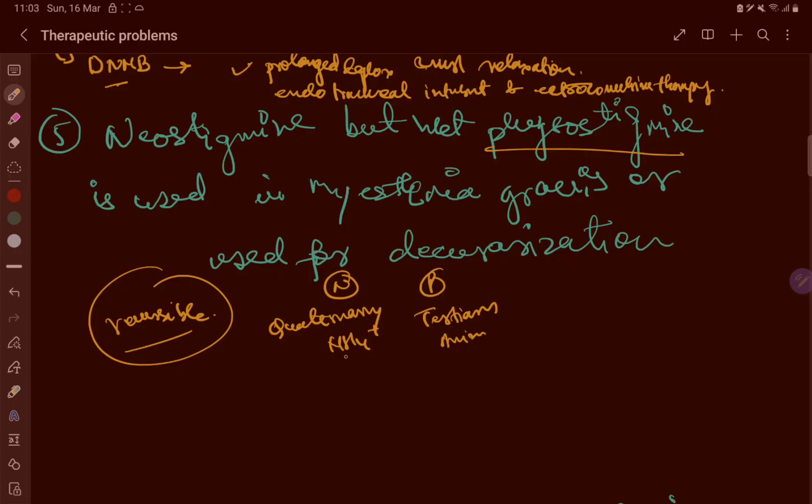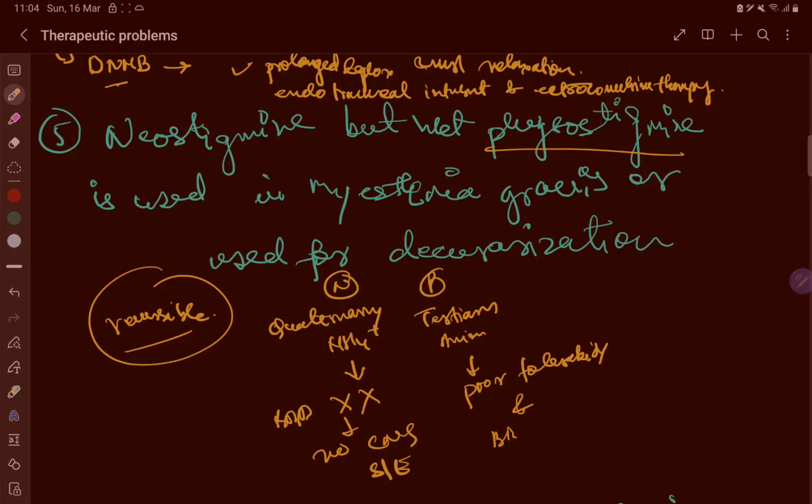So neostigmine cannot cross the blood-brain barrier, so no CNS side effects, whereas physostigmine has poor tolerability, and it crosses the blood-brain barrier, causing CNS side effects.